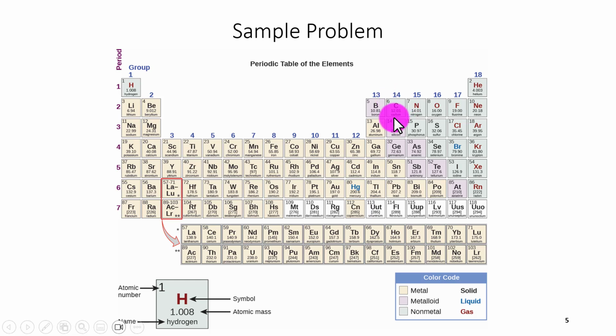I find carbon. You're going to find the other two, sodium and helium, I believe it was, and you will find the molar masses directly underneath the element symbol. So I know that 1 mole of carbon weighs 12.01 grams.